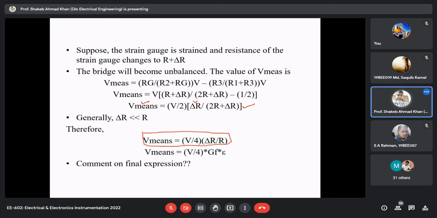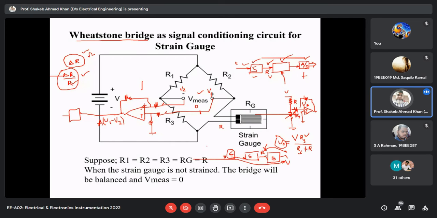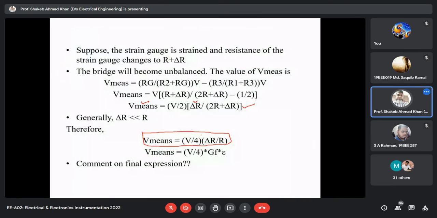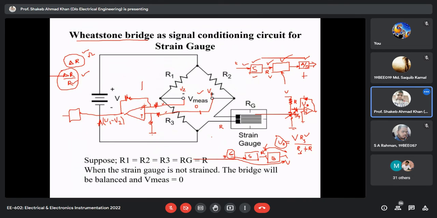Now one more stage we will go back: from here we reached here, meaning if you know the voltage with this expression, we can find out the delta R.